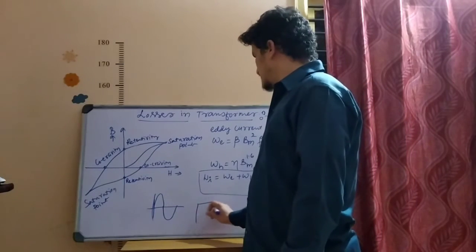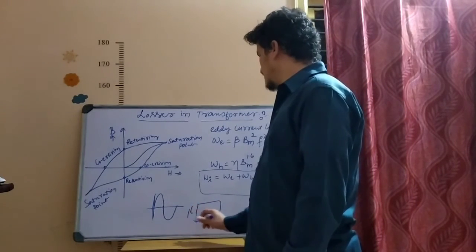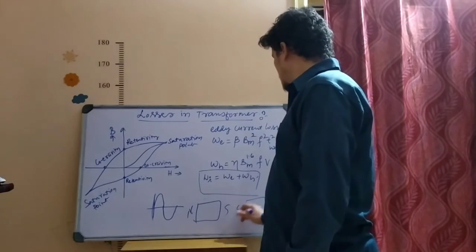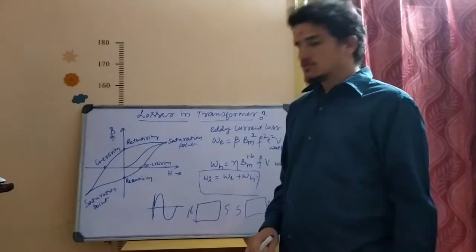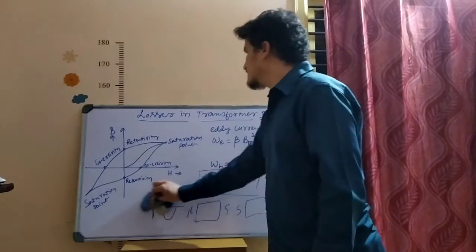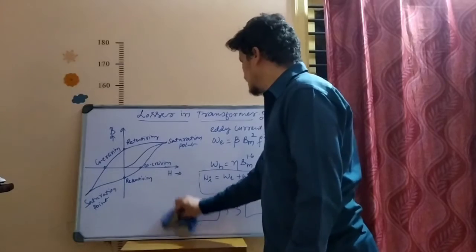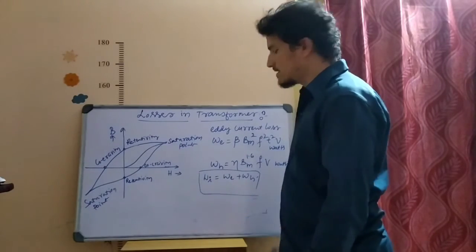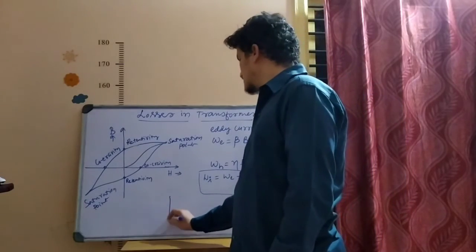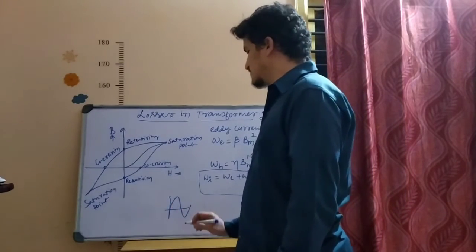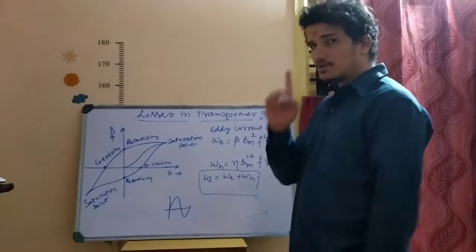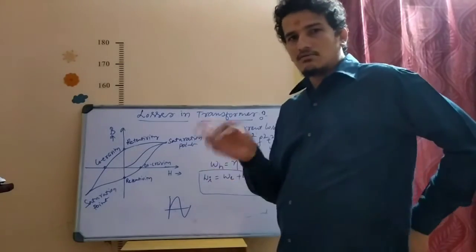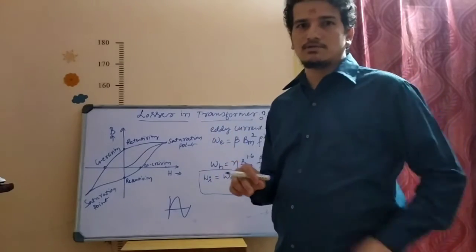Means if this magnetic material once becomes N and S, in the next half cycle again it will become S and N. So like this, if the frequency is 50 Hertz, then 50 times it will happen like this. This is one time. Like this 50 times in a second, that kind of magnetization in opposite polarities will take place.